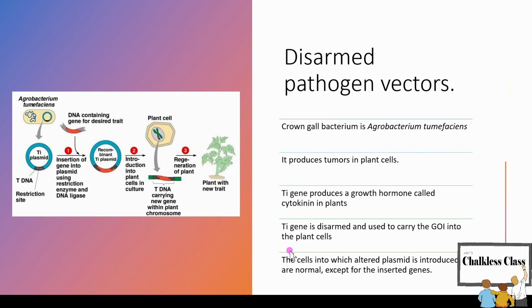The cells into which the altered plasmid is introduced are normal, except for the inserted genes. So, the plant is normal, but it will express the inserted DNA sequences. In this way, we can disarm the pathogen vectors and use them as mediators or carriers to transport the gene into the host cell. This method is used for plant cells.